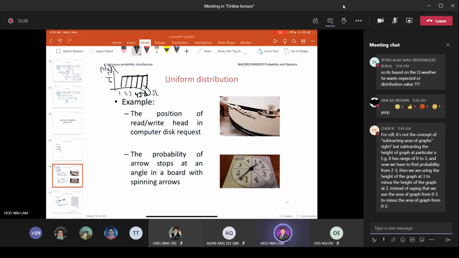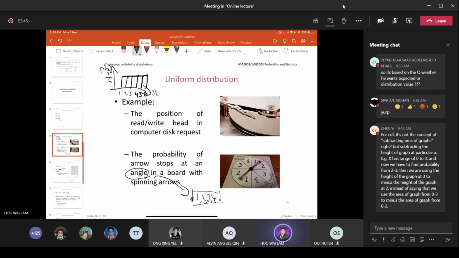In that case, the probability becomes 1/4 for every single outcome. So the whole thing can change from continuous, where you measure the angle, to discrete, where you measure 1, 2, 3, 4, for example.